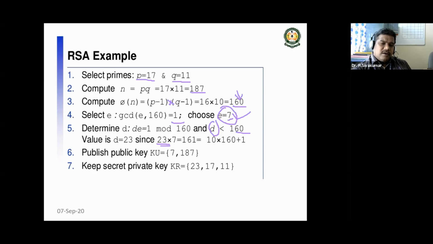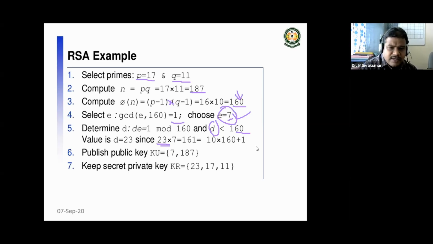That's why normally the extended Euclidean algorithm is used to determine your D value. You already know the Euclidean algorithm for GCD.